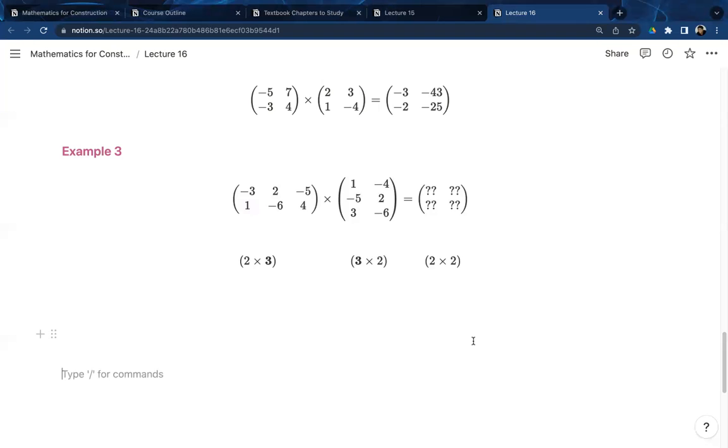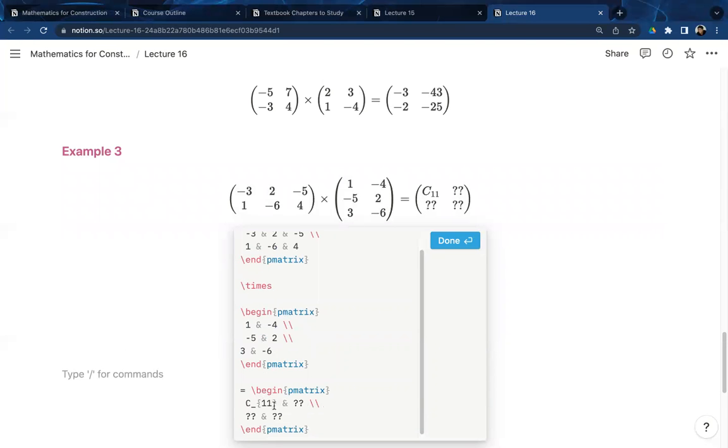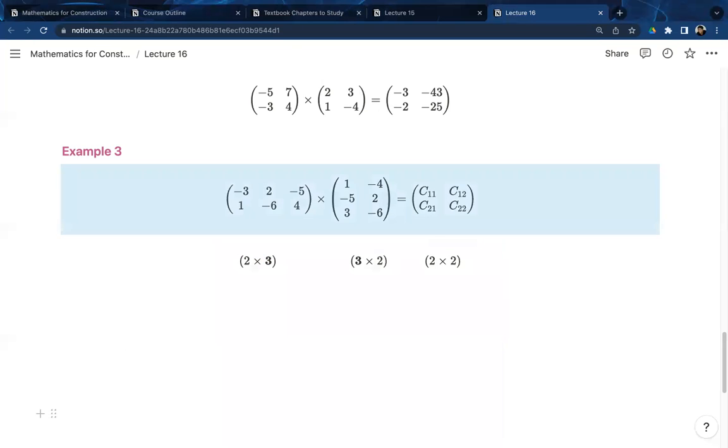So again, you could label your answer. We could call it C11, C12, C21, C22.